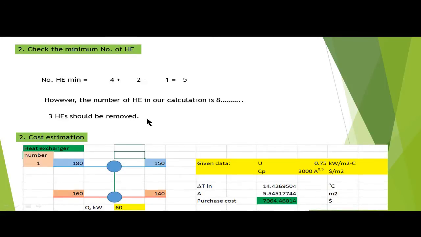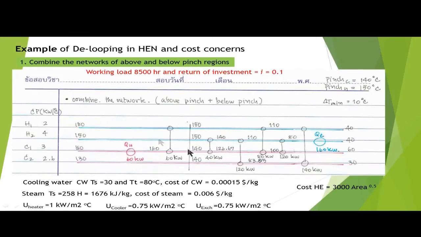Before doing that, we have to understand how to estimate the cost of the initial system we have here. So let's see. If I consider the first heat exchanger between the hot stream of 180 degrees Celsius down to 150 degrees Celsius, and the cold stream from 140 up to 160 degrees Celsius, with a heat load of 60 kilowatt, what is the price of the heat exchanger?